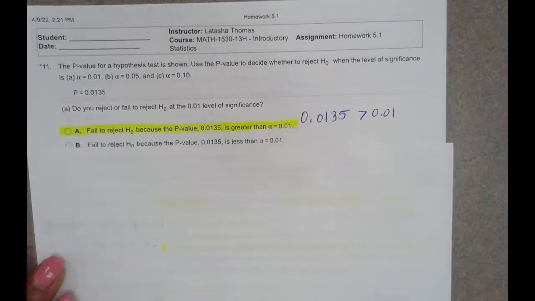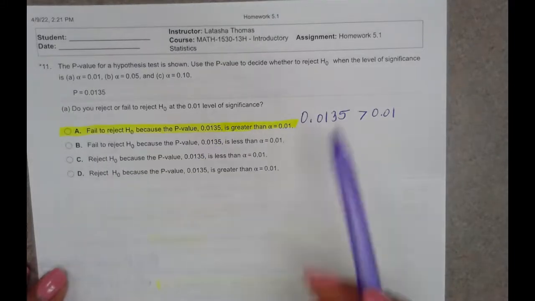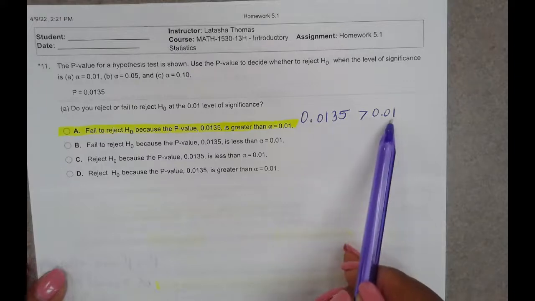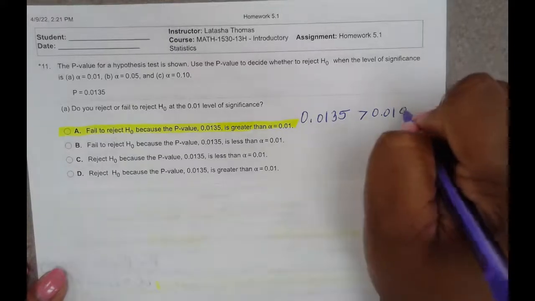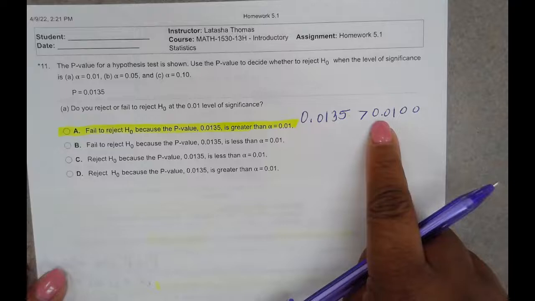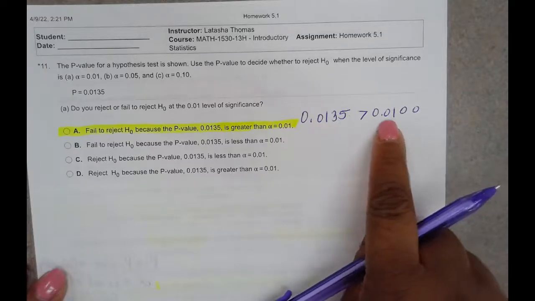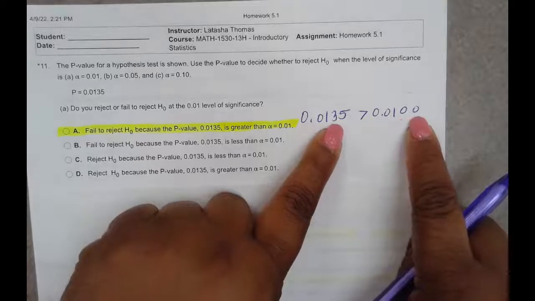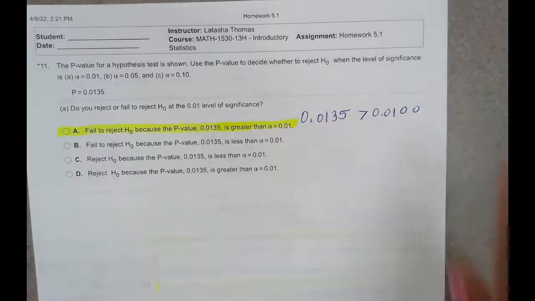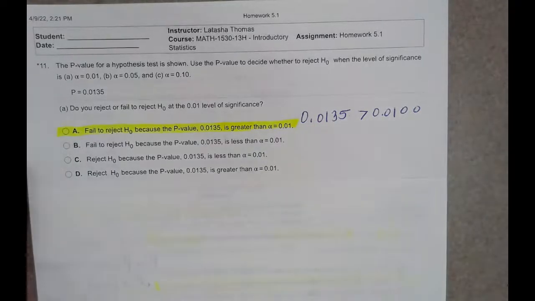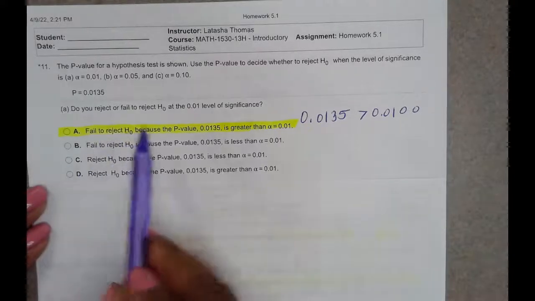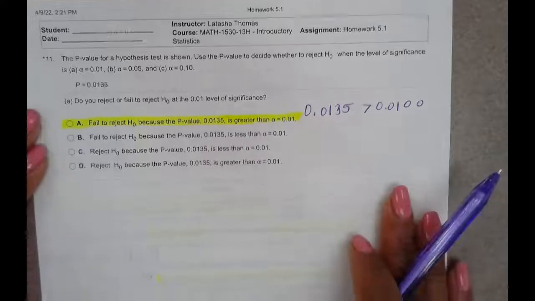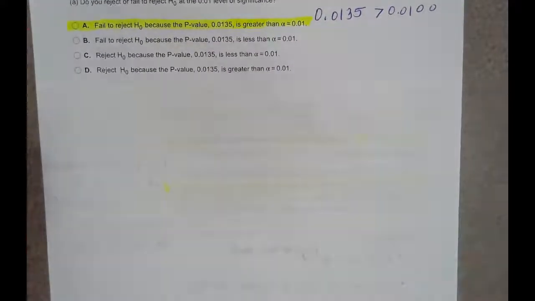Well, since 0.0135 is greater than 0.01, because remember we can write that as 0.0100, and then we're comparing these values. So this one is greater. According to our conditions, we're going to fail to reject because the p-value is greater. Okay?